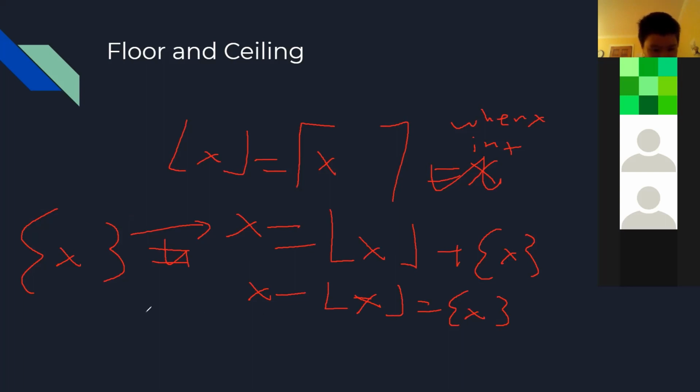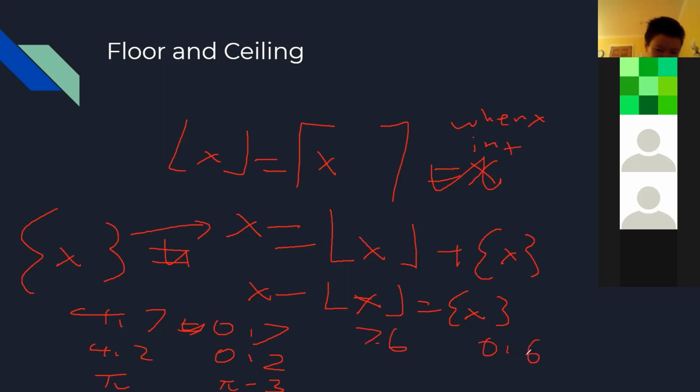So 4.7 in its fractional part is when you cut off the integer part, so it's 0.7, 4.2 is 0.2, pi is pi minus 3, since it's pi minus floor pi, which is 3. 7.6 is 0.6.